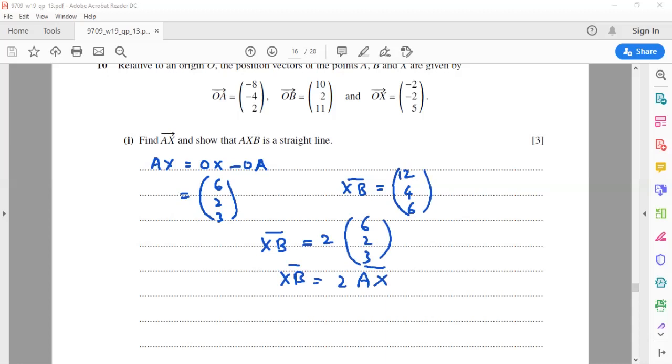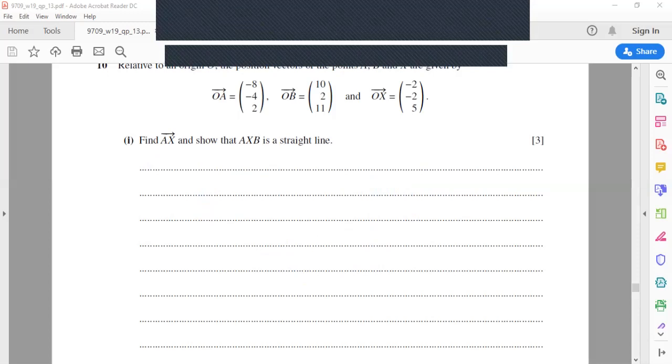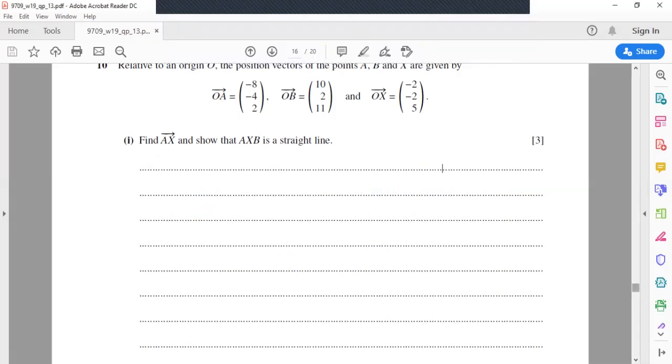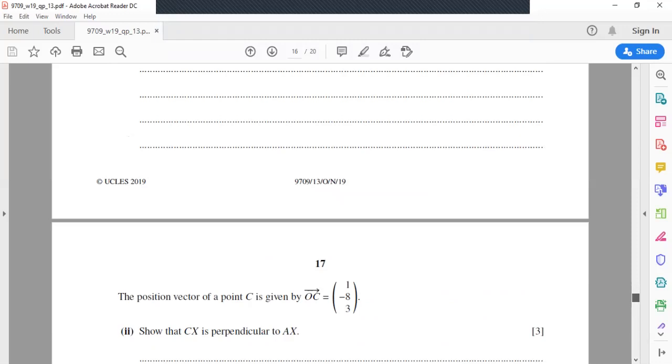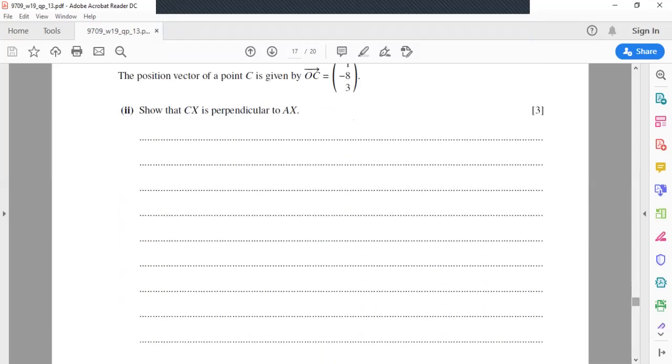Let's go for the next part. The position vector of a point C is given. Show that CX is perpendicular to AX. For this, let's find OC, which we have, and we have to find CX first.